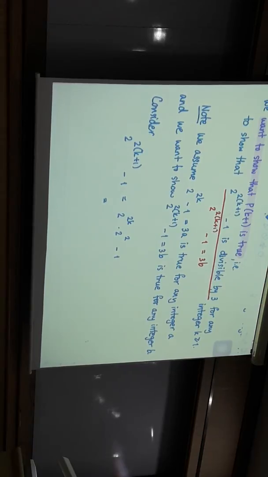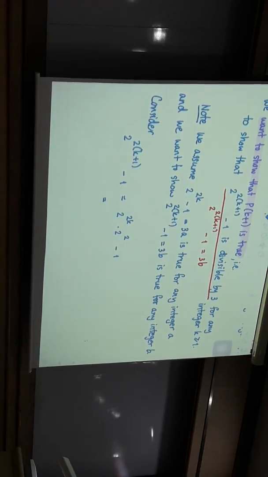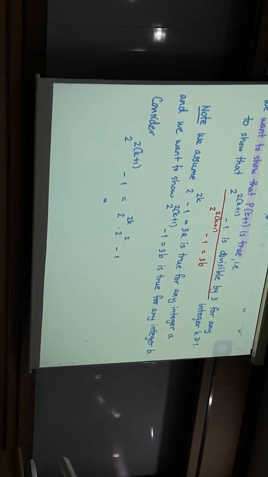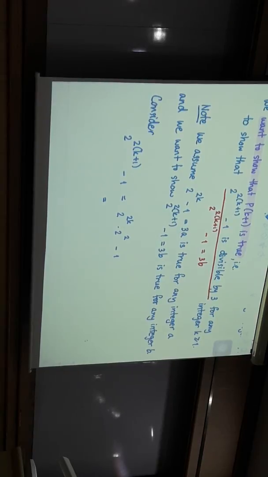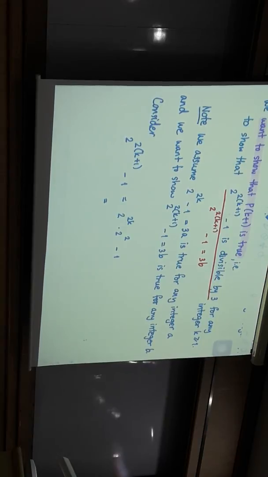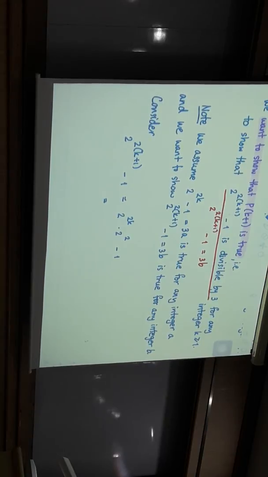And next, we're going to work on that. Why don't you try to work on this until you get 3 times something and see if we may not have exactly same step, but if we have completely different, then it's a good time for you to ask me, this is the way I think, is it okay? Something like that. Because for induction, it's not like if you have 1, you need to go to 2, and then you need to go to 3.